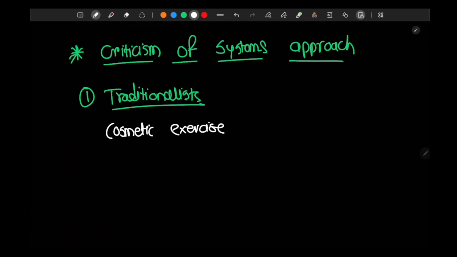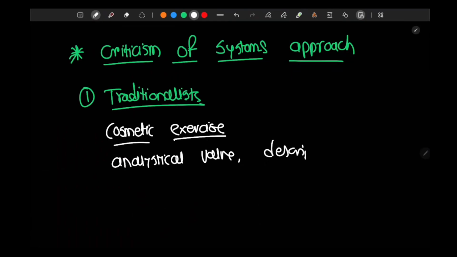In Hindi, there is this word lipapoti. So what a traditionalist will say is that the systems approach is just a cosmetic exercise, just a lipapoti. It does not have any analytical value. It is descriptive, right?